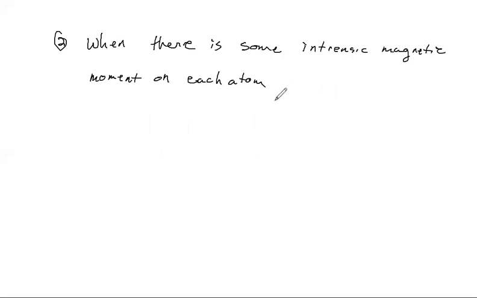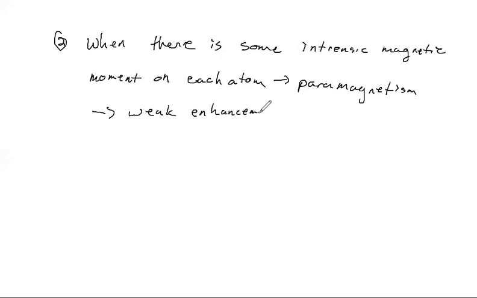And then if you put in an external magnetic field, each atom with its loop of current is like a little magnet. If you have a bunch of magnets in the presence of another magnet, they all want to stack up together, and so they enhance the effect. In this case, it's called paramagnetism, and this is a weak enhancement of the magnetic field.